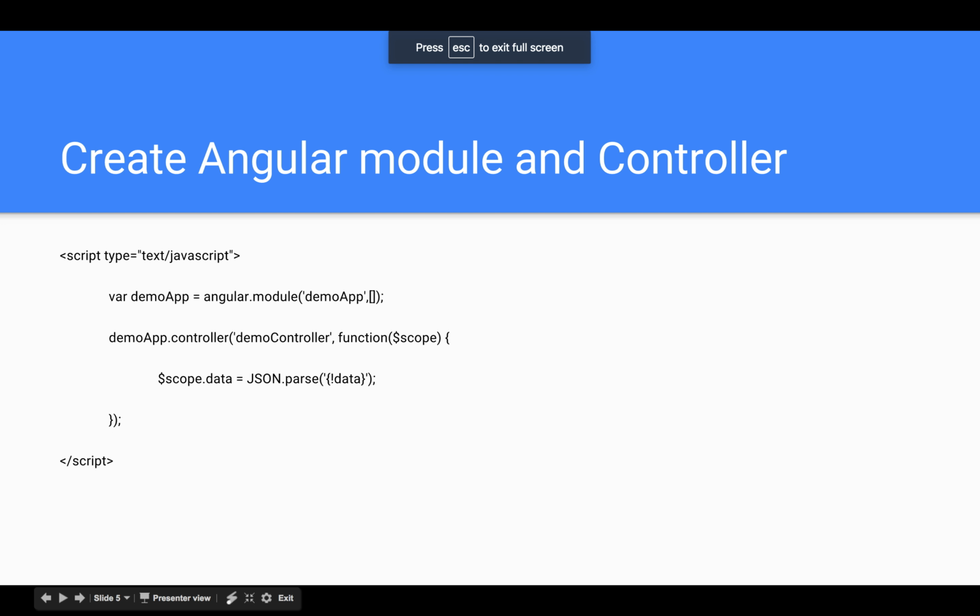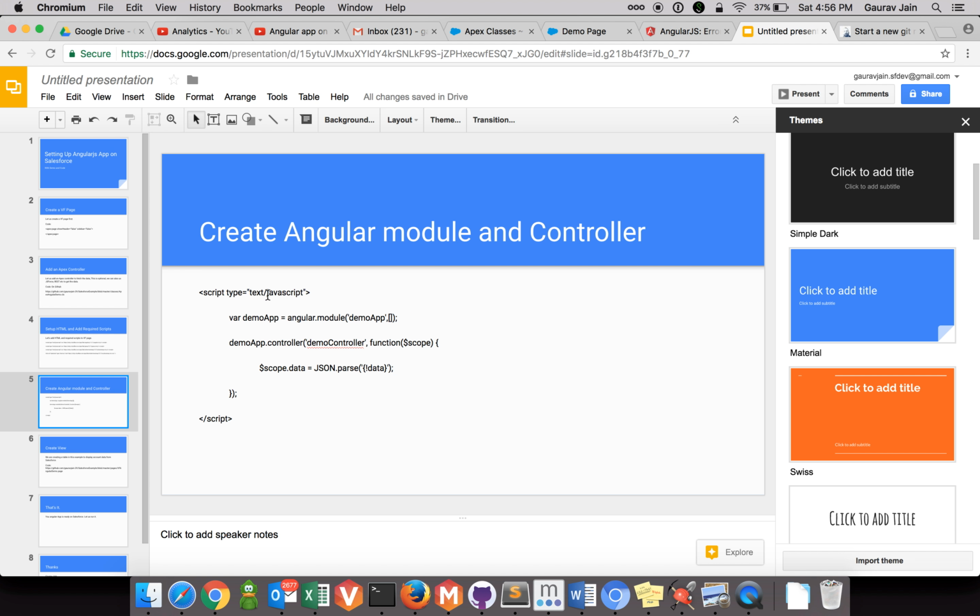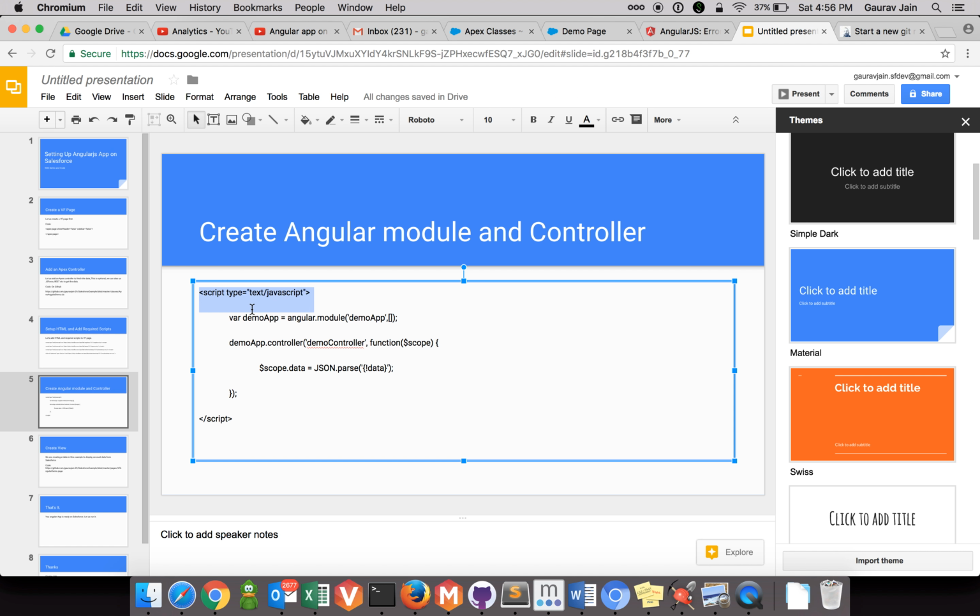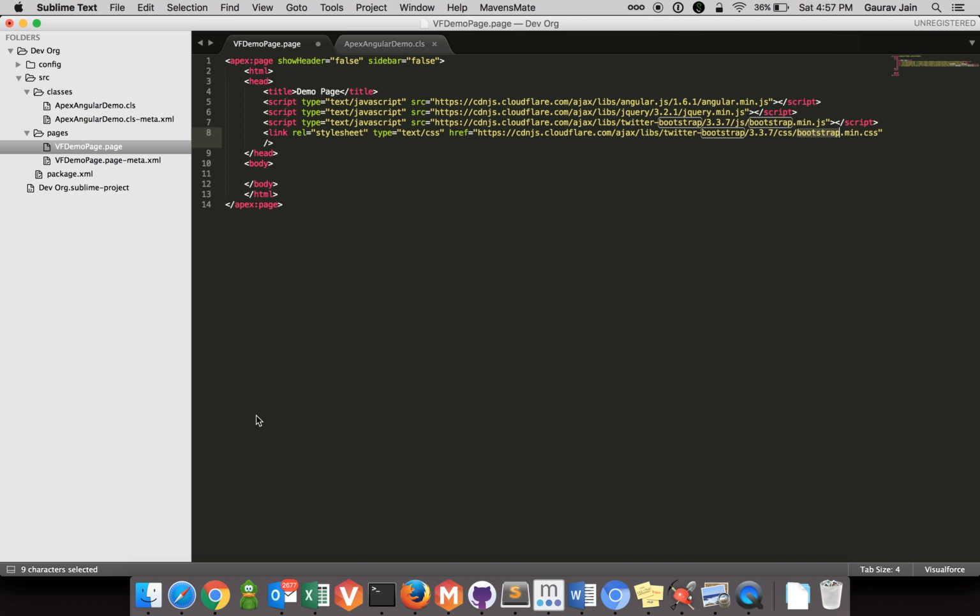Okay. So the next step is you go and add your Angular module and controller. I hope you are aware of how to write Angular code, but if not, you might need to start an Angular tutorial and learn the basics of it. This code is pretty simple. I'm just writing a very basic module and controller, so I'll just paste the code.